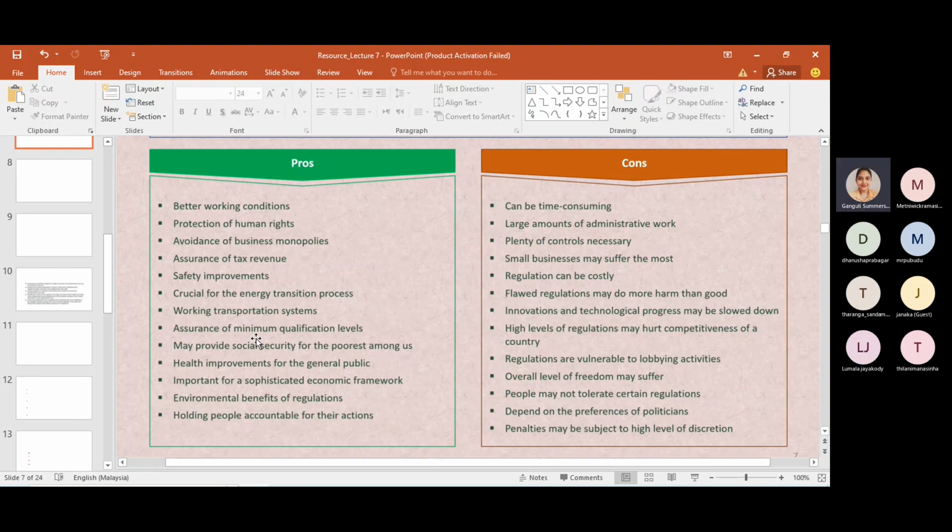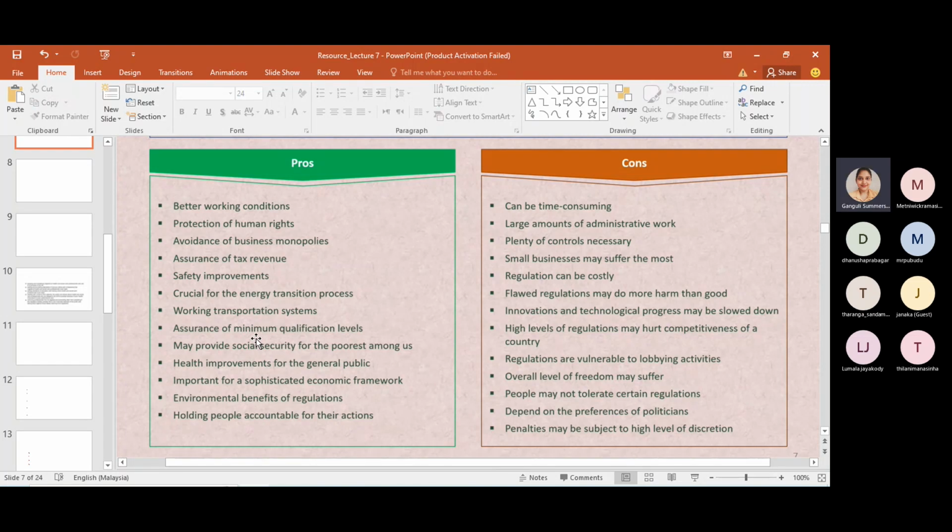Okay, so likewise, there are minimum qualification levels required by the employers to hire you, right? You should have that minimum qualification level to be eligible for the job. So the assurance of minimum qualification levels is another advantage of regulation.